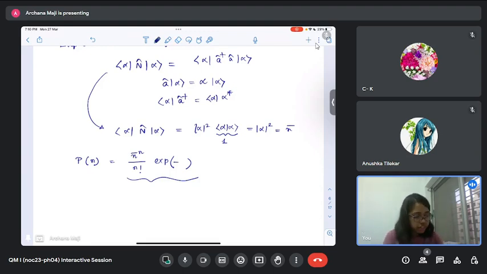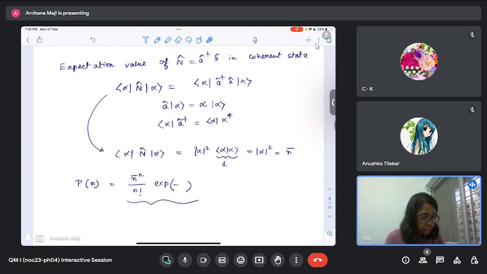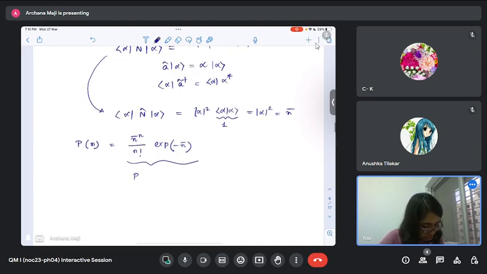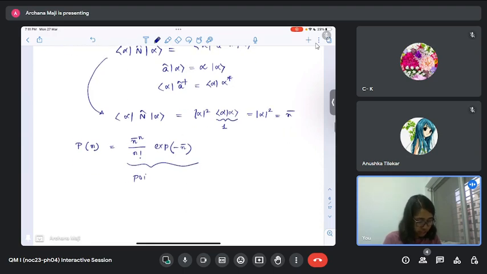So n bar actually means the average number of particles that you get by taking the expectation value of your number operator with respect to the coherent state. So this is the Poisson distribution. This is what ma'am actually taught. Ma'am just said at the end of the lecture that the probability satisfies Poisson distribution, and here I showed you why it is Poisson distribution and how it is.